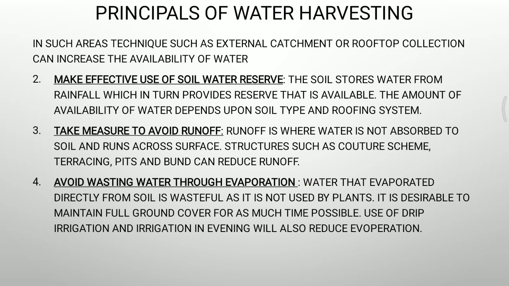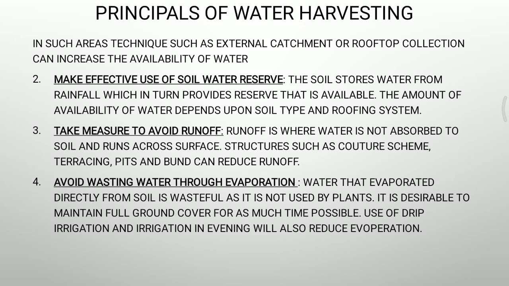So in such areas, techniques such as external catchment area or rooftop collection can increase the availability of water. External catchment is nothing but we dig a pit and make a way for the runoff to go and collect in that pit.